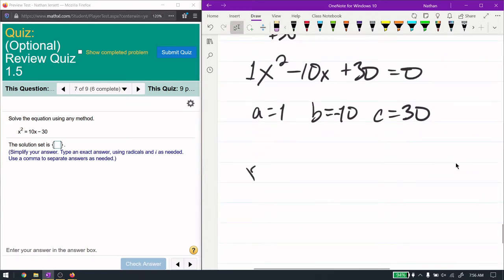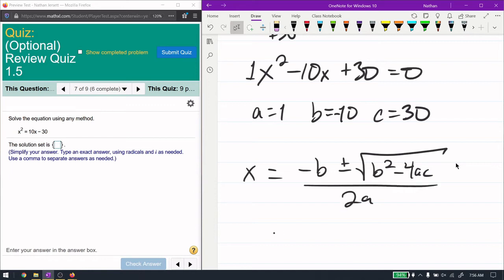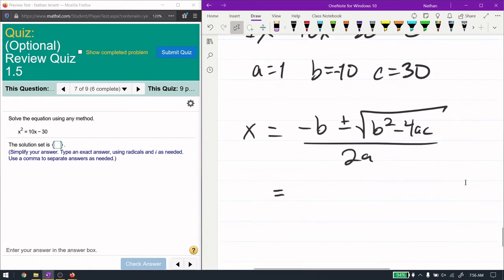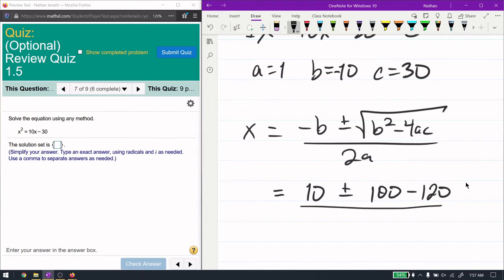So we have x equals negative b plus or minus the square root of b squared minus 4ac all over twice a. Negative 10 is positive 10. Plus or minus negative 10 squared is 100. 4 times a times c is 4 times 1 is 4. 4 times 30 is 120. It's all over 2 times 1, which is just 2.